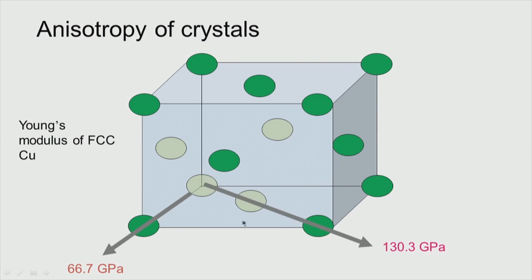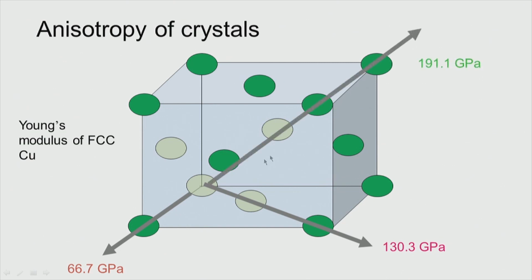Now, if the force is in this direction, as you can see, not only these two corner atoms, but also this particular atom is part of this pull. So, the Young's modulus increases to 130 gigapascal. If it is in this direction it is 66.7, if it is in this direction it is 130.3, that is a big difference.